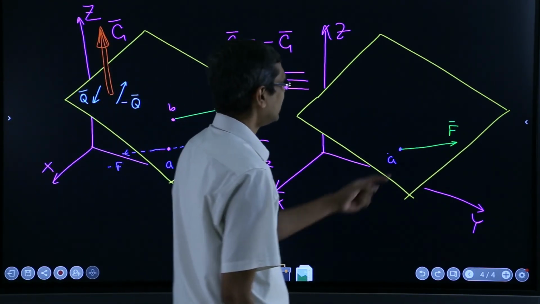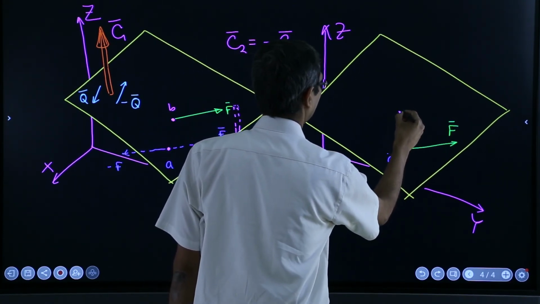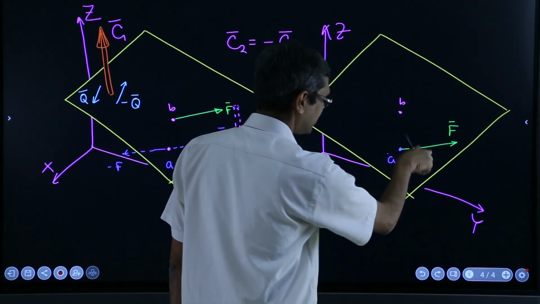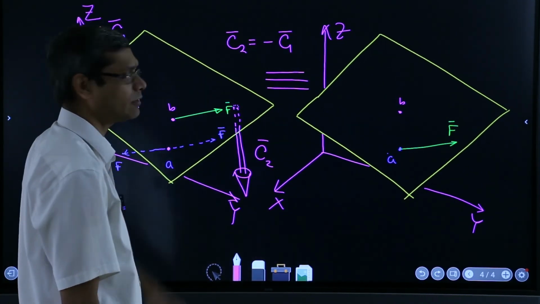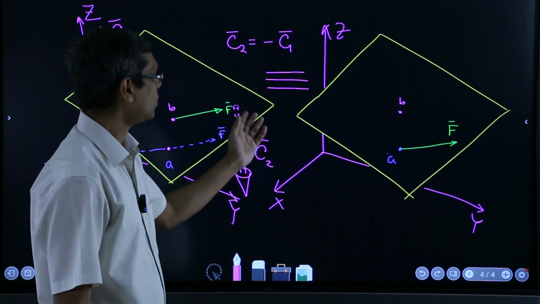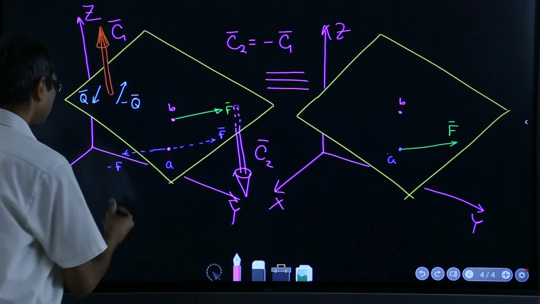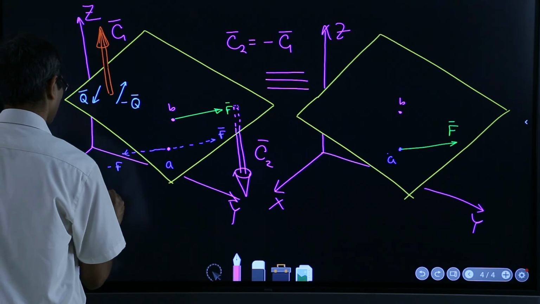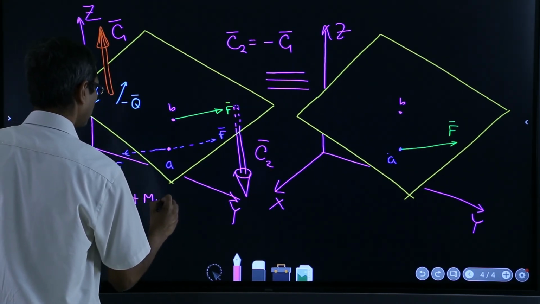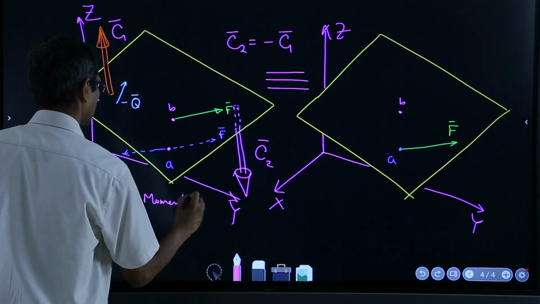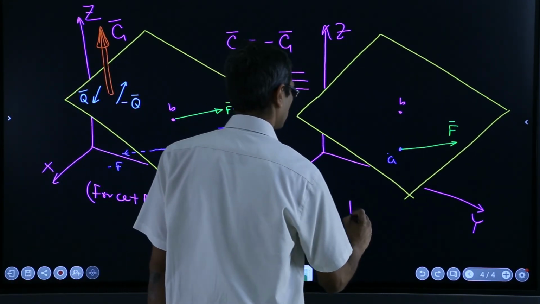In the final case, the force which was initially at B has been shifted, and that's it. The C1 which was initially there is gone, and you are left with only a force. So you have converted a force plus a moment, and when I say moment, I mean a couple moment, into a force.